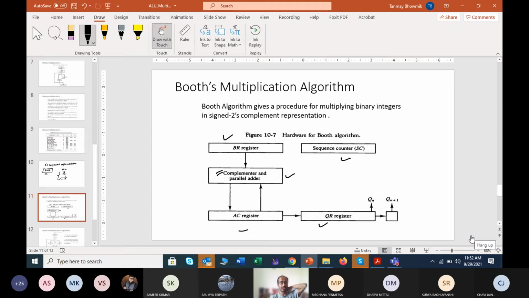So your negative number and positive number are all included in that particular number. That is why, whenever you are considering a positive case, it may require an addition, and whenever you are considering a negative case, it may require the subtract operation. So that is why addition and subtraction both will be considered in Booth's multiplication algorithm.